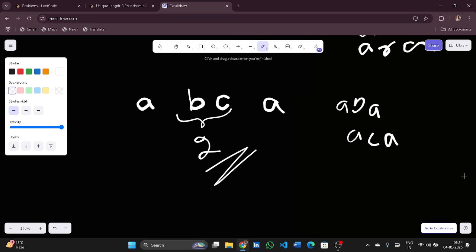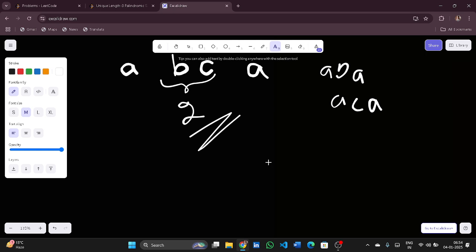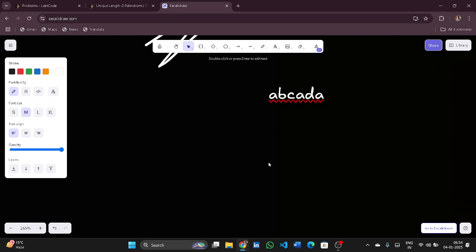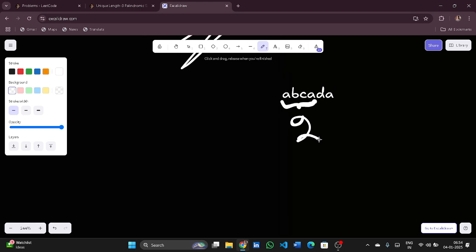So this is how you count the number of distinct palindromes. But wait, I am considering A, B, C, A. Now what if you have another D, A? So you have another D, A here. If you consider this substring, you get 2 as the answer.